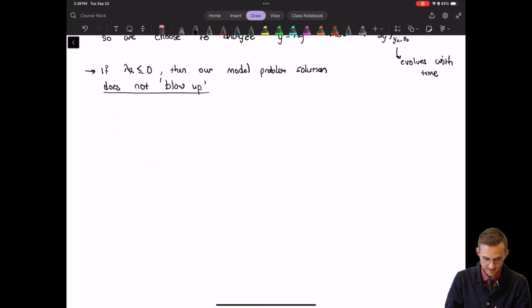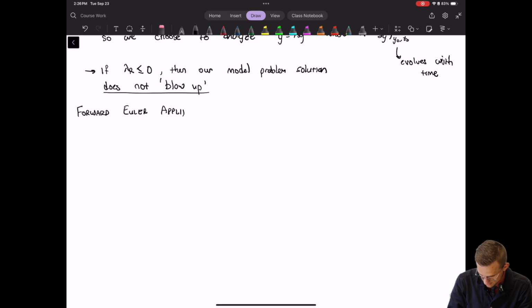Now let's go ahead and apply forward Euler to the model problem.